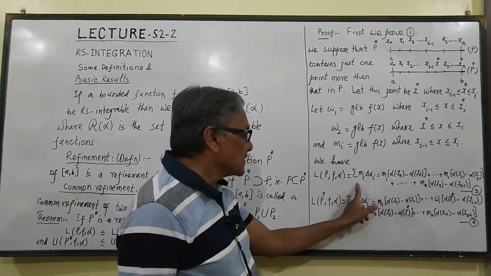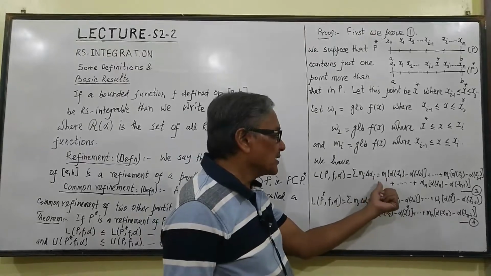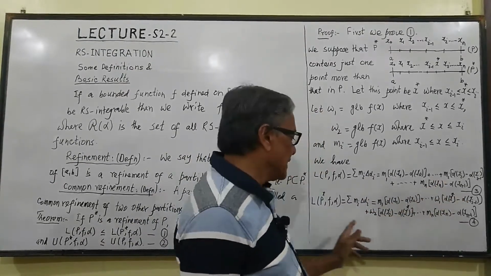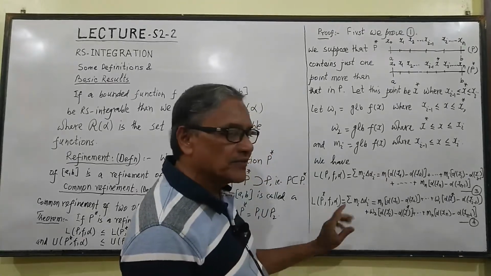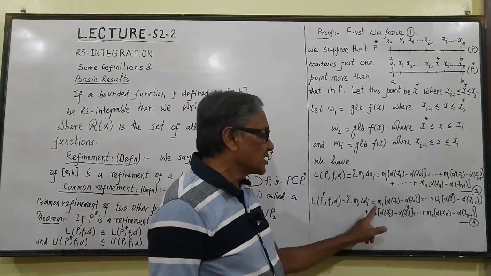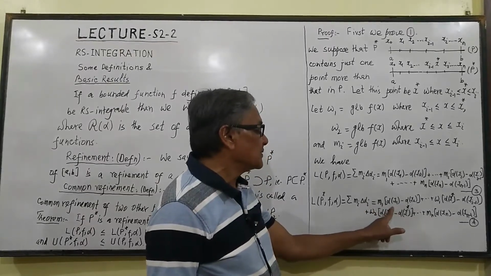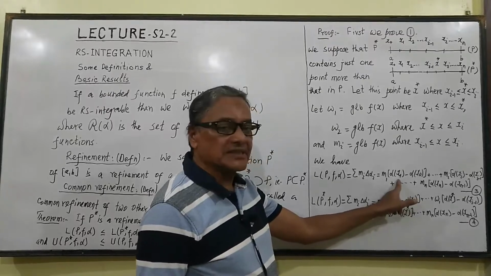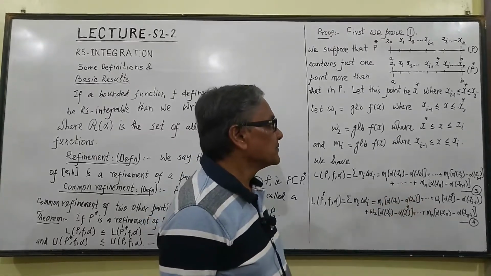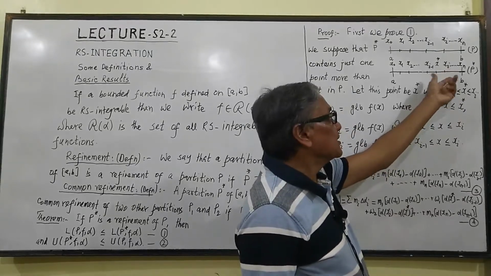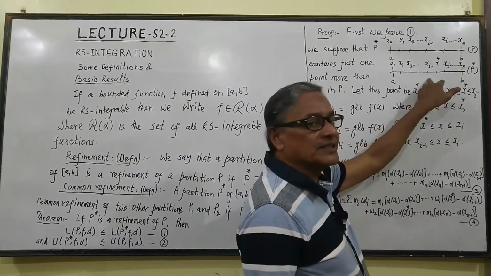Now what will happen to L(P star, f, alpha) for this partition? All the terms of L(P, f, alpha) beginning with m1 prior to this will be the same in L(P star, f, alpha) also. So in the sum of m(i) delta alpha(i), the first term will again be m1 times alpha(x1) minus alpha(x0), and so on. Now what will happen at this stage? At this stage it will be split into two parts.